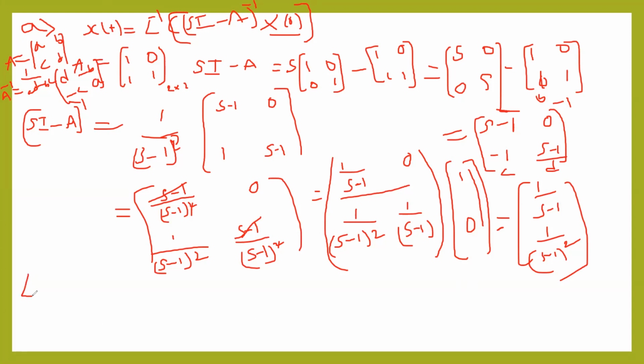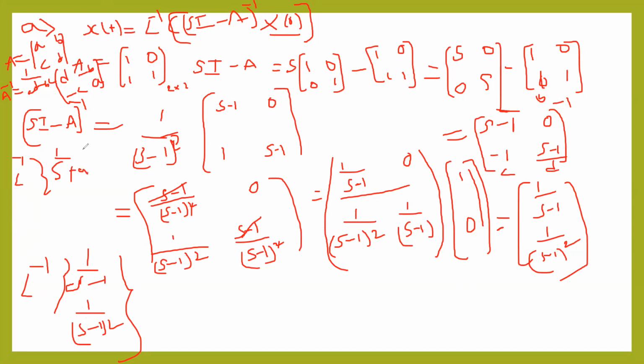Next, Laplace inverse of (sI minus A) whole inverse into x of 0. What we got is 1 by S minus 1, 1 by (s minus 1) whole square. So Laplace inverse of, what is the formula of 1 by s plus a? Formula is e power minus at.